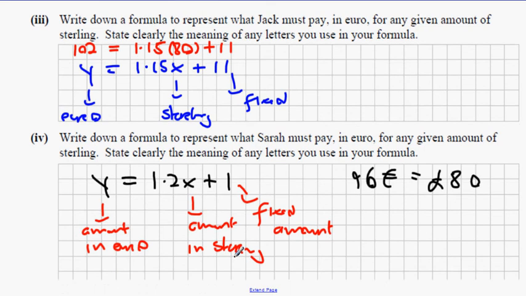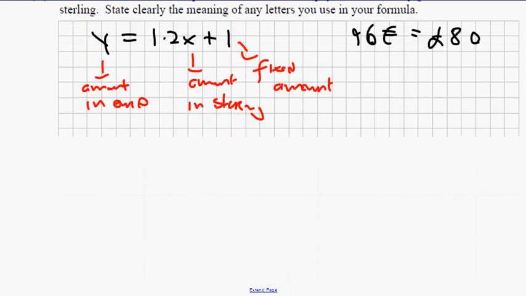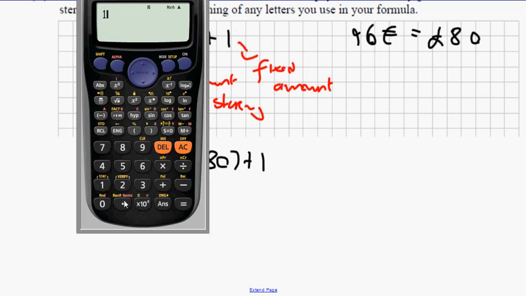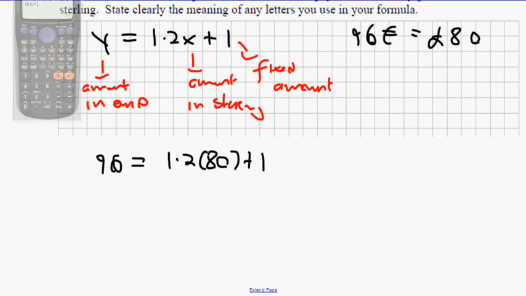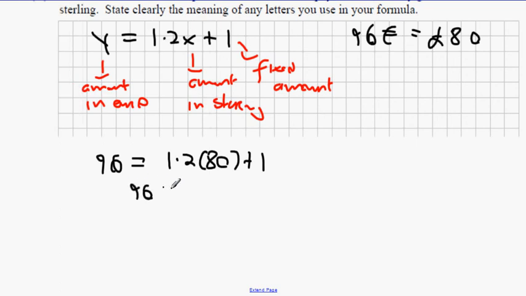So we're going to see if €96 equals 1.2 multiplied by 80 plus 1. So 1.2 multiplied by 80 plus 1 is going to be 97. 96 roughly equals €97, so we can use this formula here.